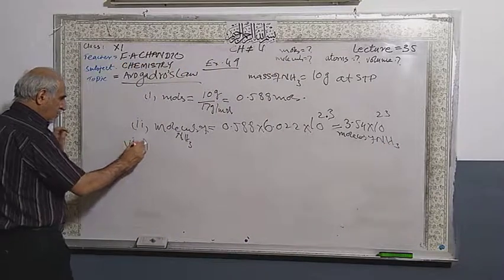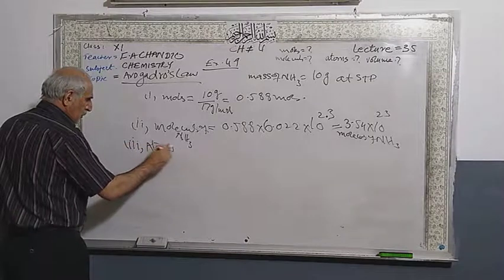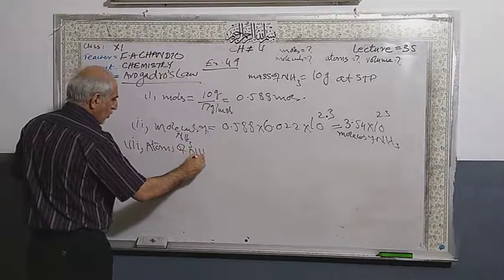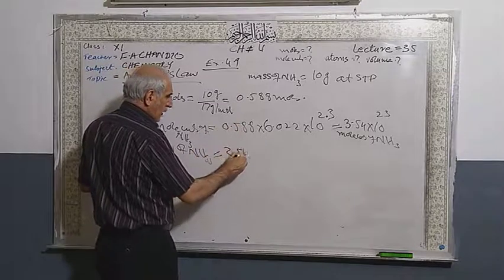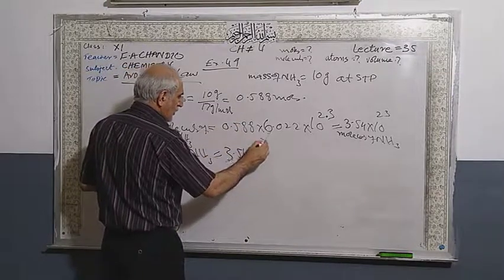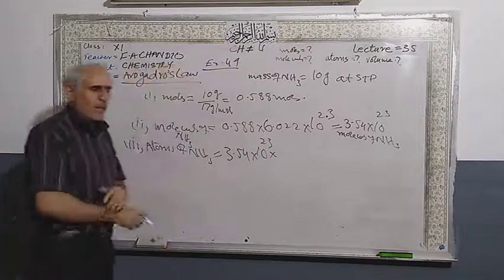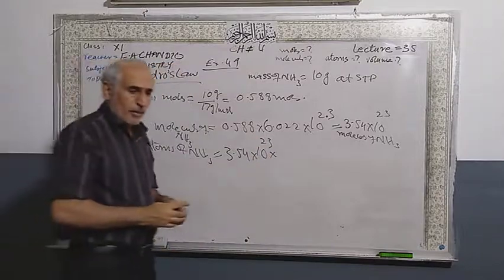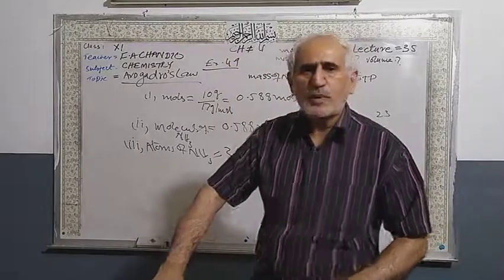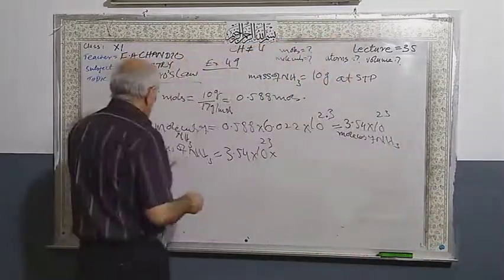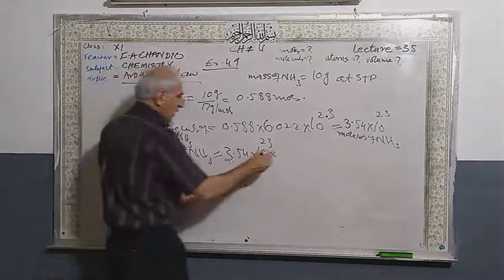Third, atoms of ammonia. Atoms are equal to molecules, 3.54 into 10 raised to the power 23, multiplied by the atomicity. Number of molecules multiplied by the atomicity means number of atoms present in the gas. So atomicity is 1 plus 3, 4, so multiplied by 4.